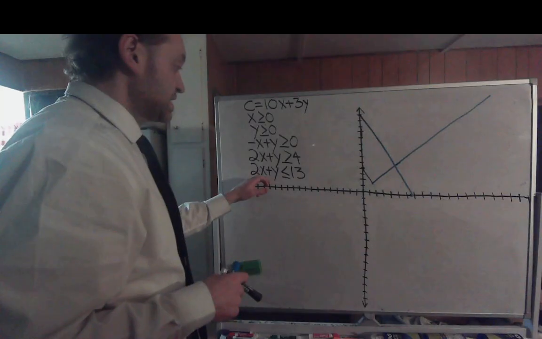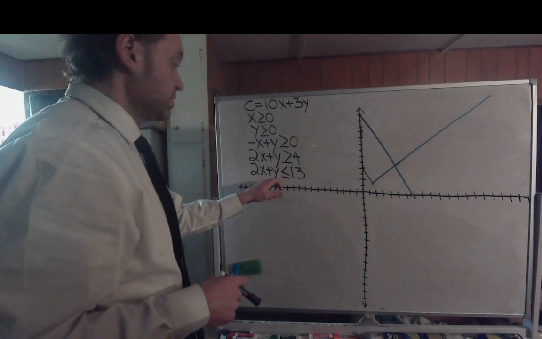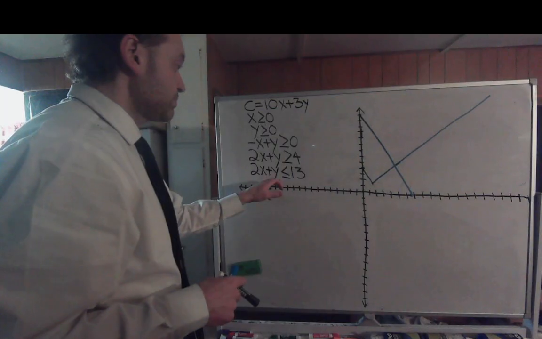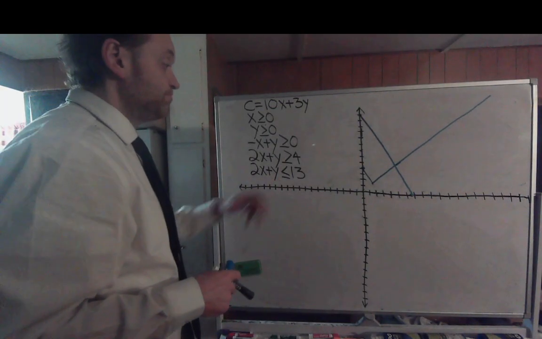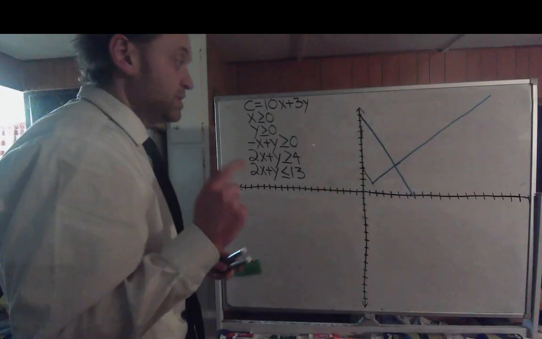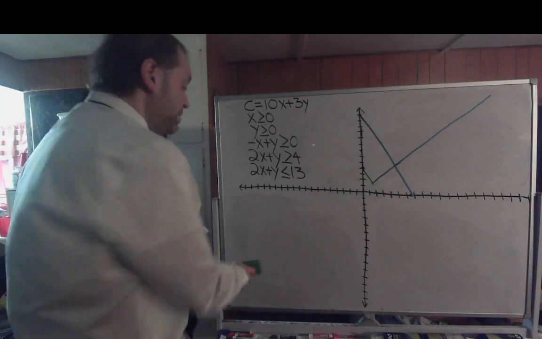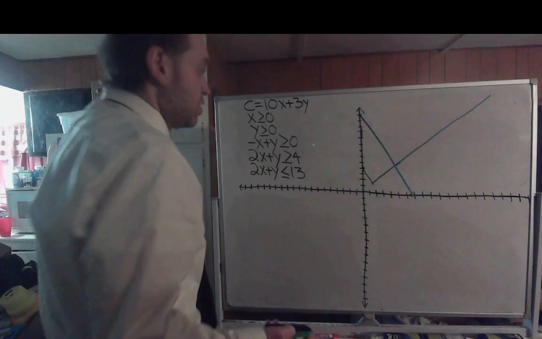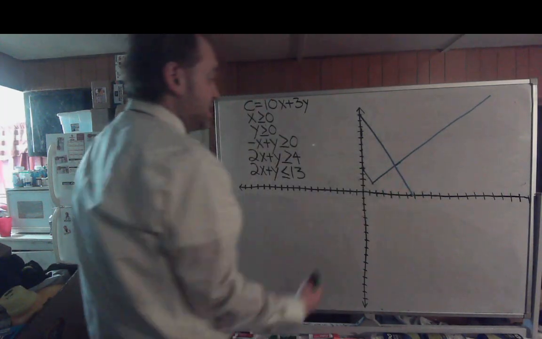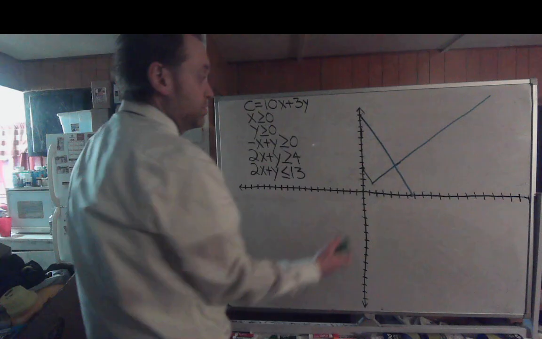Then you have 2x plus y is less than or equal to 13. Well, you're only, again, going to care about what's below this line, but above the other two.